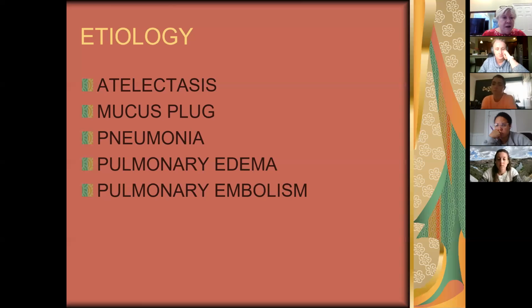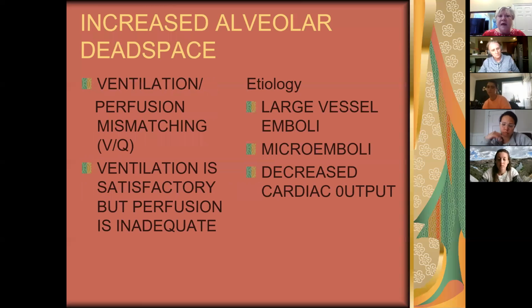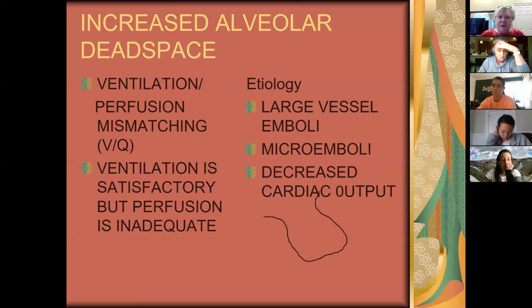Okay, so increased alveolar dead space. With this, the ventilation is fine. However, something's wrong with the blood vessel. So the alveoli is perfectly open, but the blood vessel is narrowed.